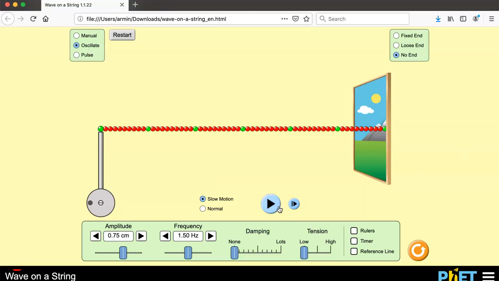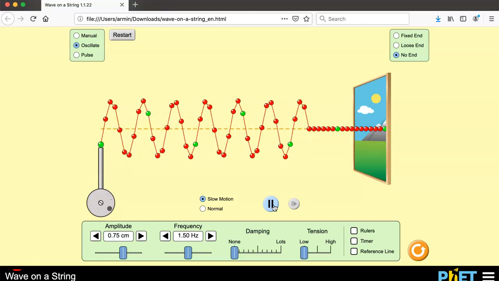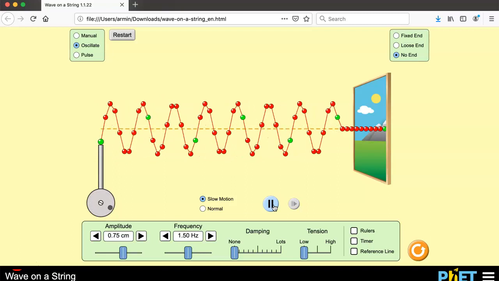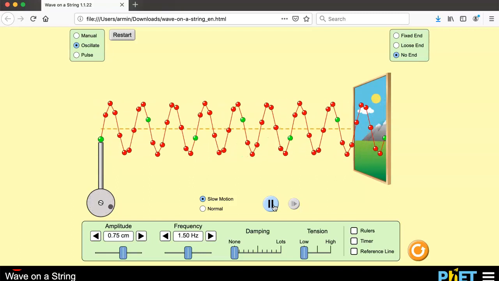So now let's oscillate this one endpoint, move it up and down, and then keep doing this, right? As the displacements propagate away from the source, you keep putting in more displacements. So eventually, whenever you take a snapshot of the entire string, what you see is a sinusoidal displacement function as a function of position.